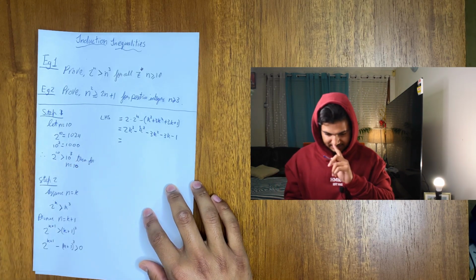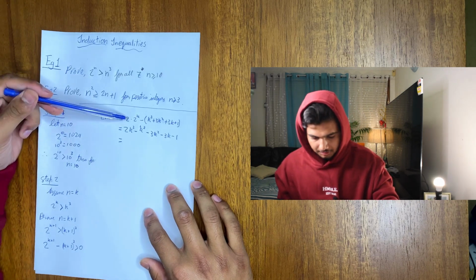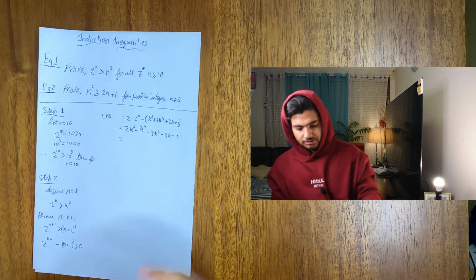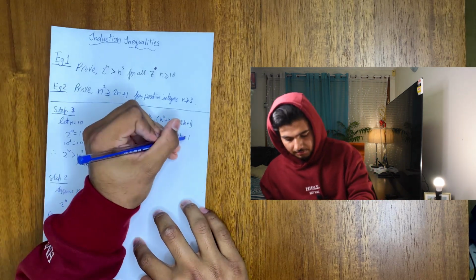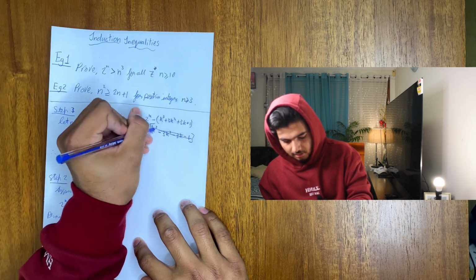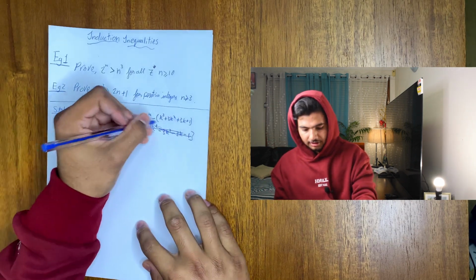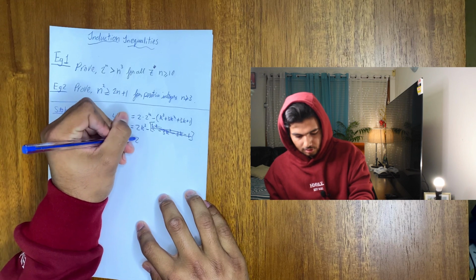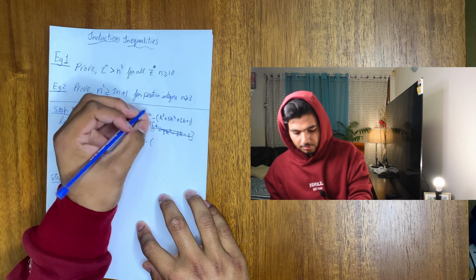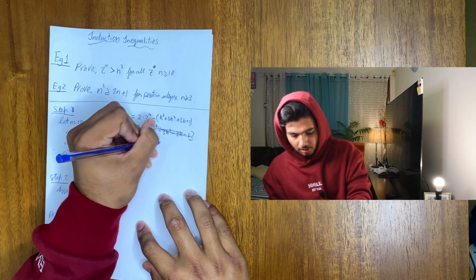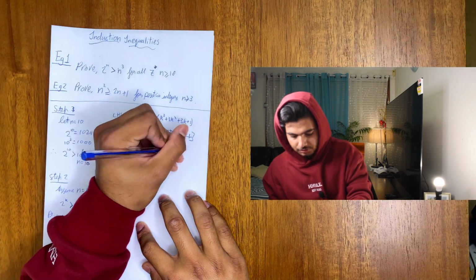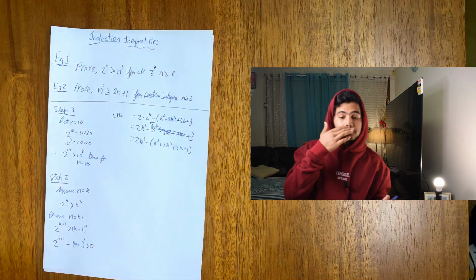Or did I make a mistake? Let's just do this. Let's scrap this part here, and we'll just rewrite this over here. So 2k cubed minus, let's not open the brackets, let's keep it as that, k cubed plus 3k squared plus 3k plus 1 in this case.